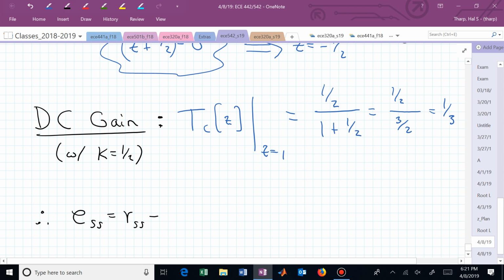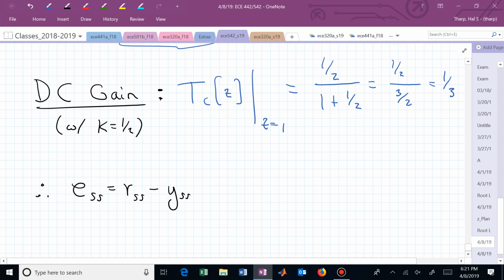Suppose we put in a unit step to this system. Then R sub SS is 1. So now we're saying we're applying a unit step. And what's Y sub SS? Well, in general, since our closed loop system was stable, we just take the DC gain times the constant that we applied to the system, which in this case was 1.